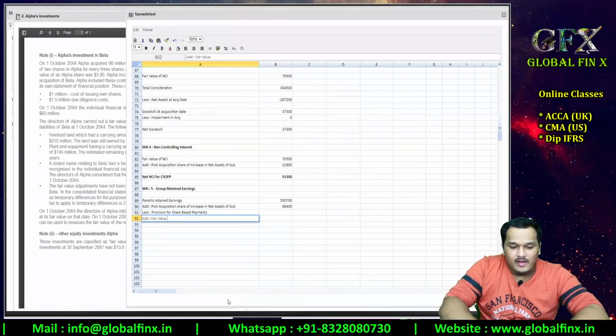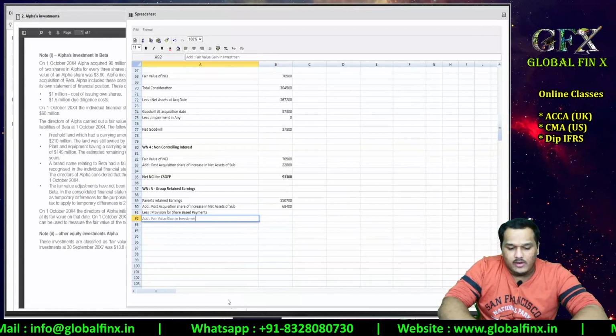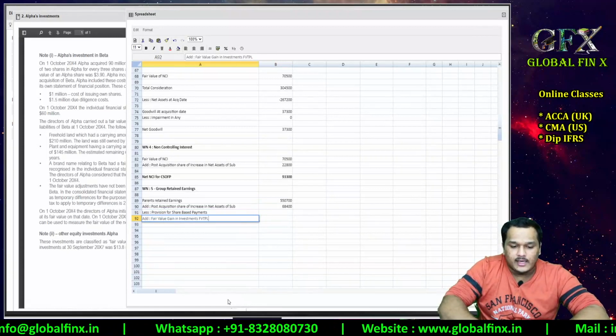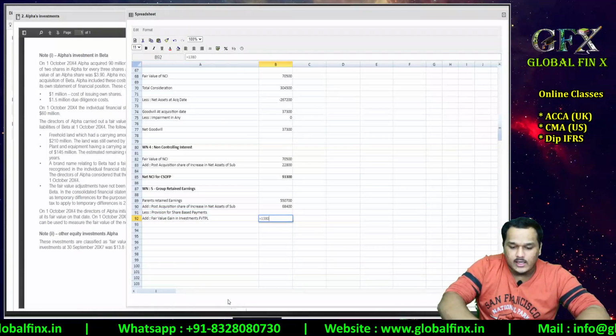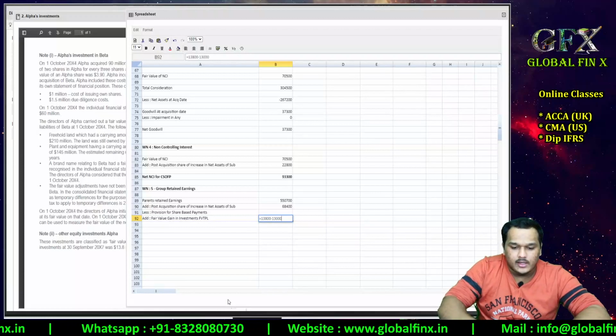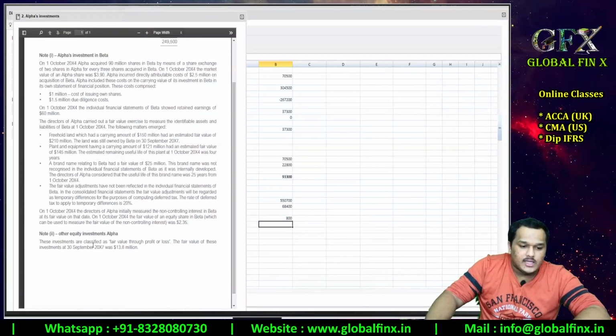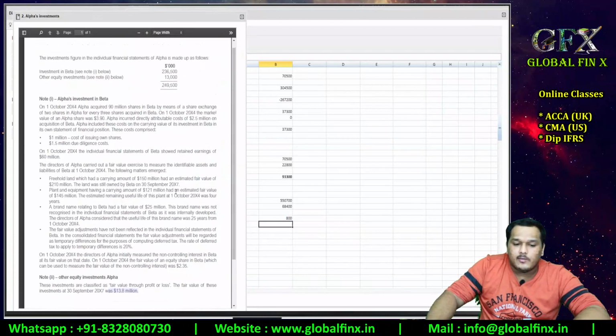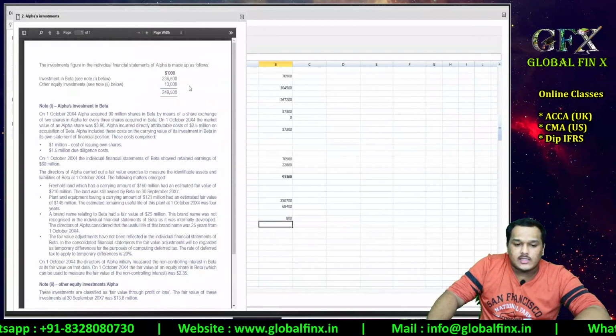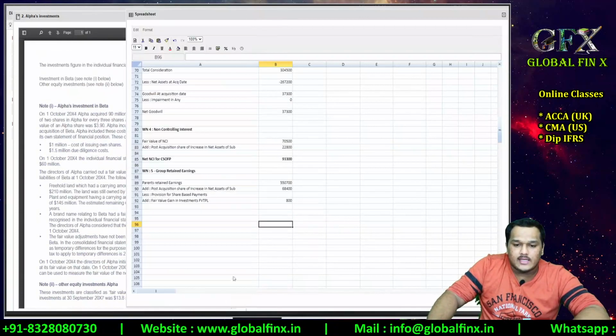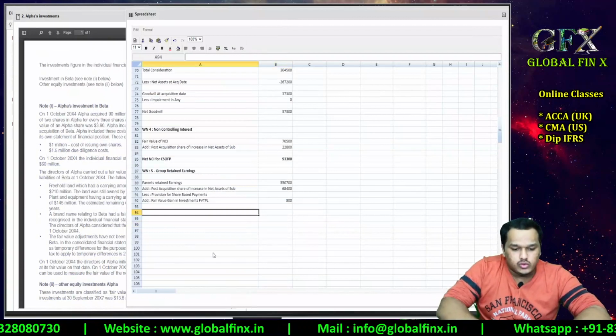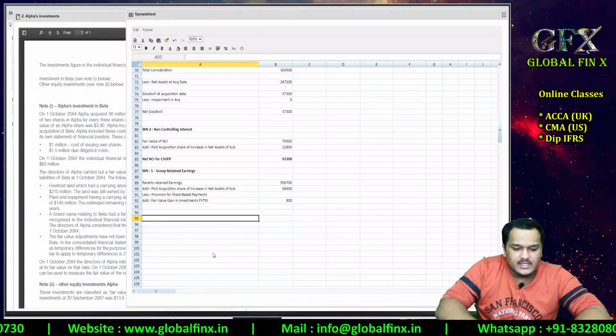Then add fair value gain in investments, fair value through P&L investments. So how much was that? 13,800,000 minus 13 million. So 800 fair value gain was there. See this one. Fair value is 13.8 million, whereas carrying amount is 13 million. So 800 fair value gain is there. That is also added here. So I'll just leave one more line if in case required.